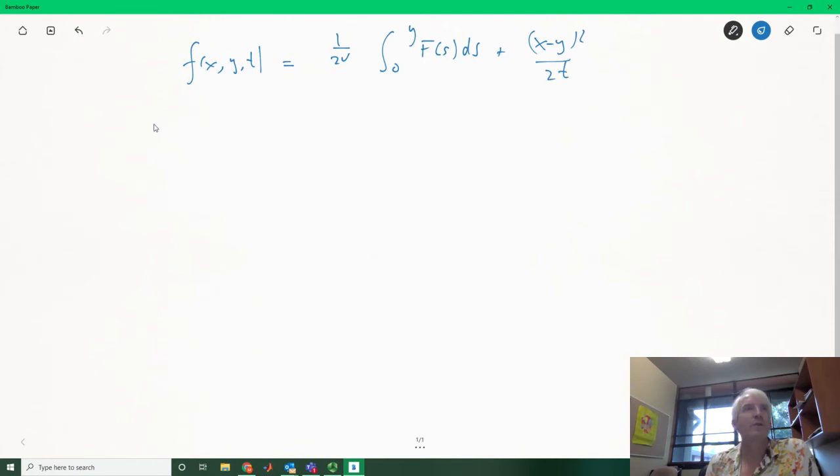And then we find the solution is phi of x comma t is 1 over 2 square root of pi nu t times the integral from minus infinity to infinity of the exponential of minus f over 2 nu, dy.